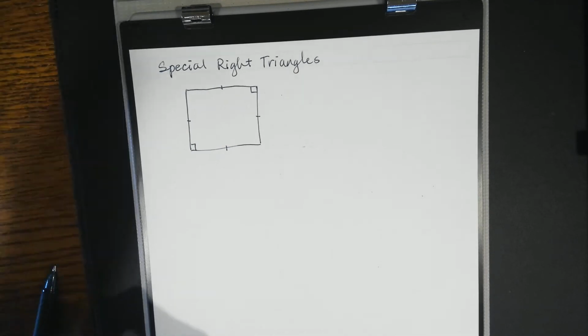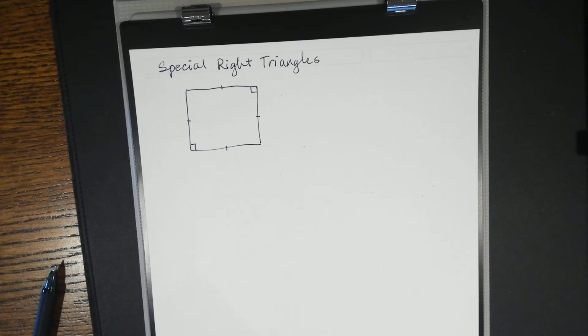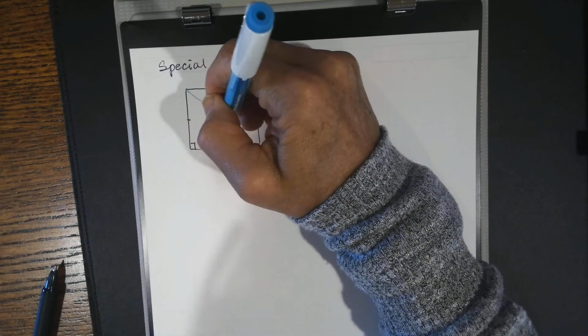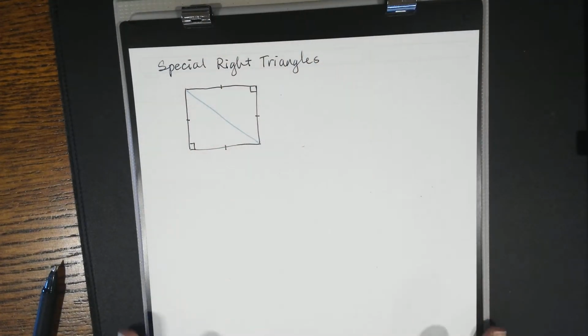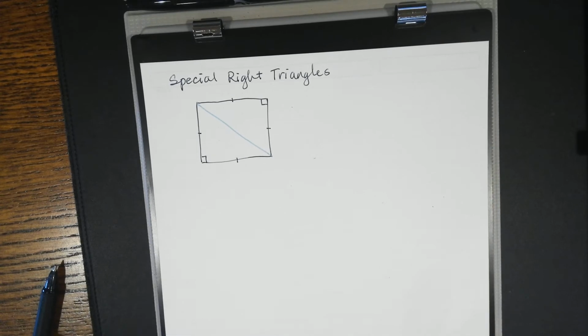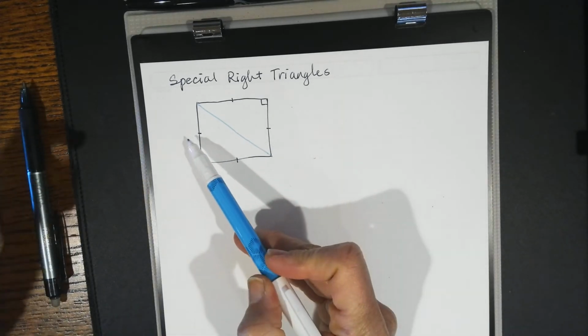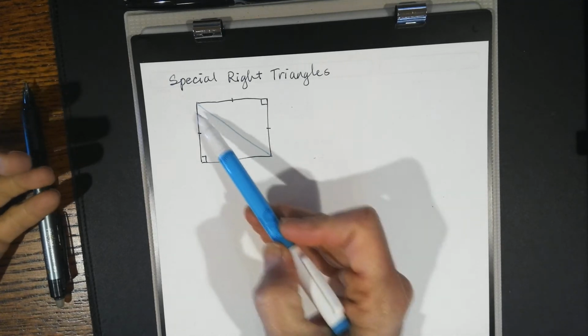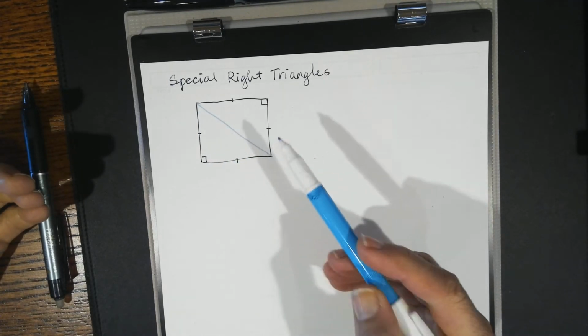Now, what I'm going to do with this square is cut it directly in half on the diagonal. Of course, I shouldn't be eyeballing this like that. If I tell you that this side is, say, 1, and this side is 1, then you can figure out what this side is here.